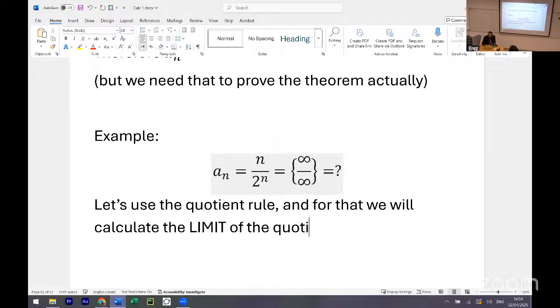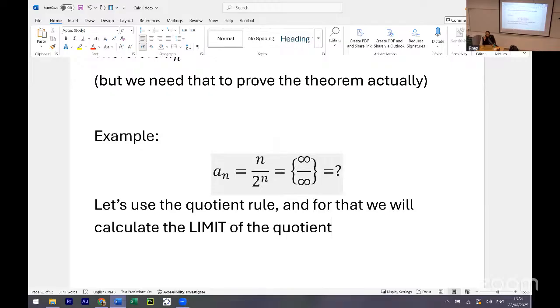The reason I emphasize the limit is because sometimes students just look at the quotient and they say the quotient is smaller than 1.